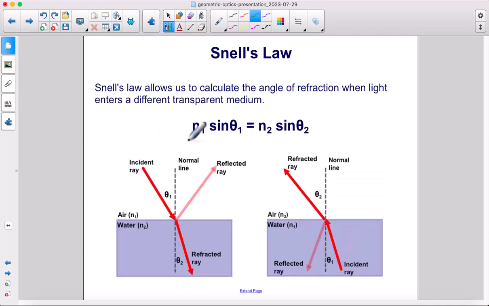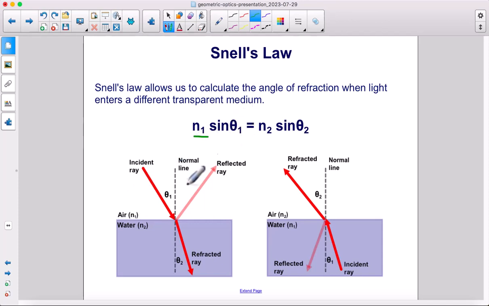There is an equation that dictates what these angles will be. Snell's law allows us to calculate the angle of refraction when light enters a different transparent medium. n1 sine theta 1 equals n2 sine theta 2. So what that means is that if you're going from air into water, n1 would be n for air, which is approximately 1.